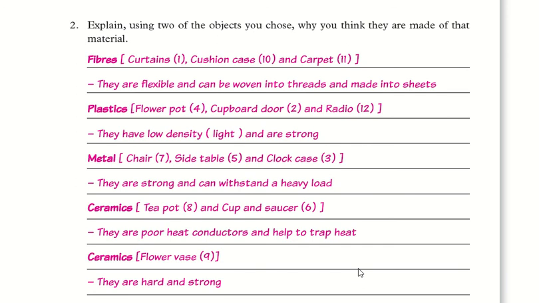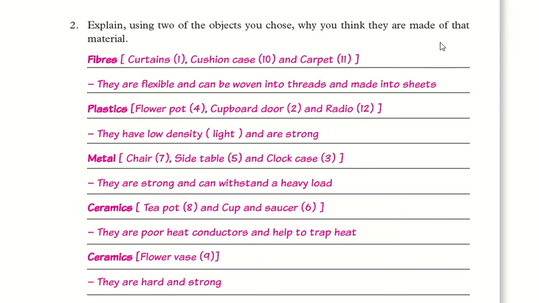So last but not least, another reason for using ceramic over here for your flower vase is because they are very hard and of course they are very strong. So again, you can have any other answer. Some of your answers, even if it's not found here, can be correct.